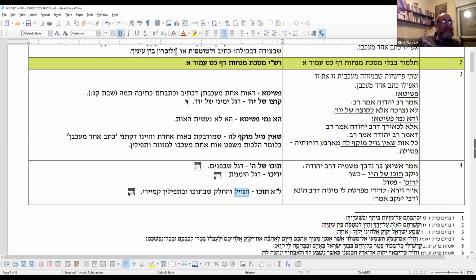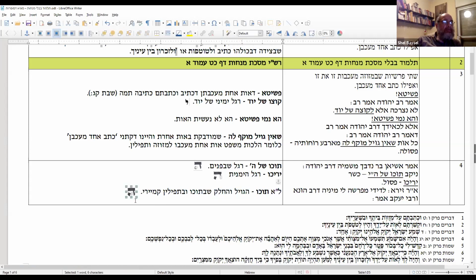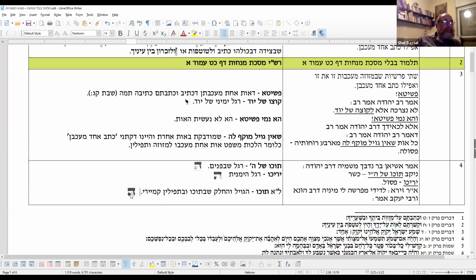He says it's the gvil and the open space that's inside of it. In other words, I still have the nekuda here on the left, and I still have a full leg on the right, but the inside of the hay was punctured, which is this gray area here.